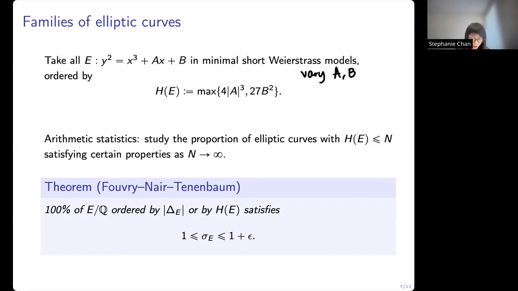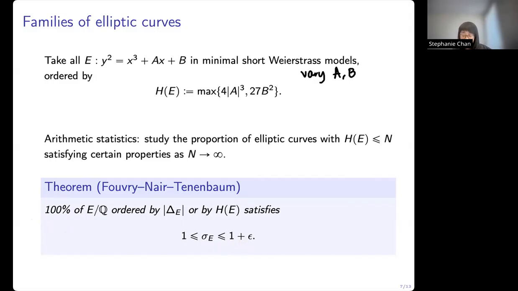In some way, this is claiming something that seemingly is a bit stronger than Szpiro's conjecture, but of course it's not, because you have thrown out some zero density subsets of elliptic curves. But this bound is somehow very strong just by looking at it, because Szpiro's conjecture only tells you an upper bound of 6 plus epsilon.